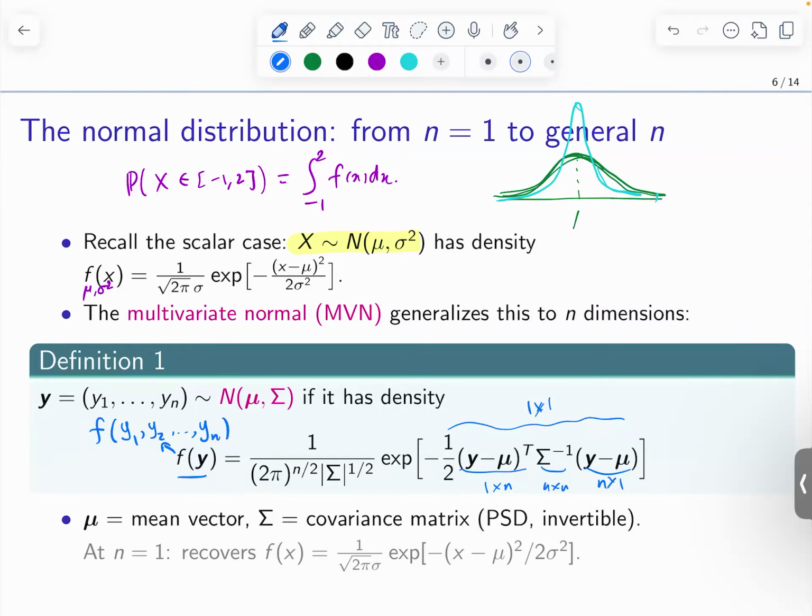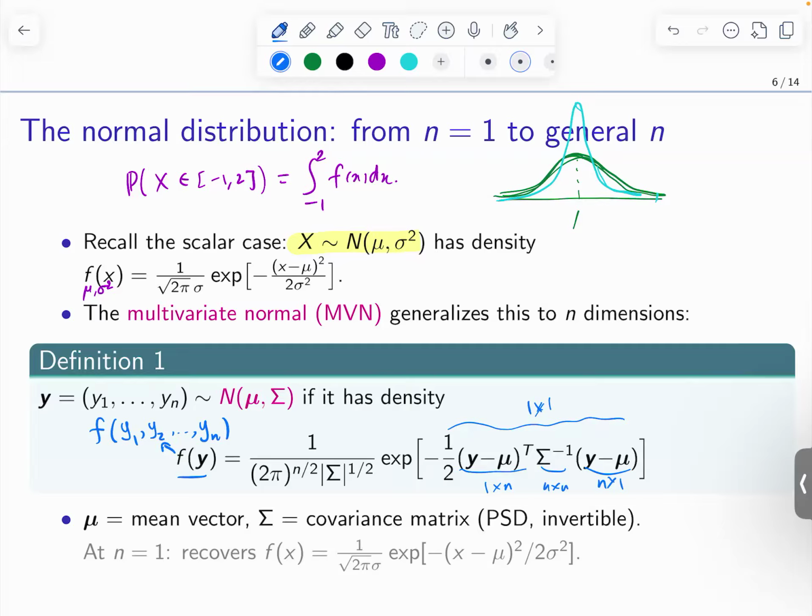So for any given y, this is telling me exponential negative this, and then times this factor, it's roughly the probability density at that point. How likely we're going to see things in that vicinity if you multiply by the whole volume there.